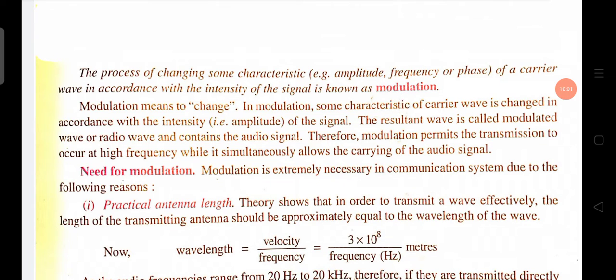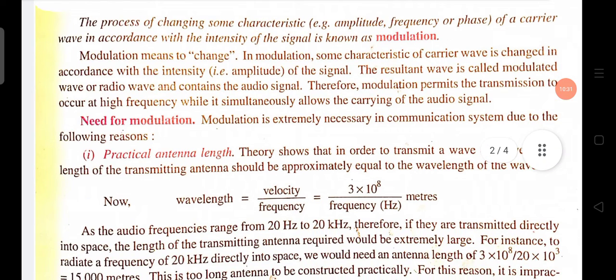Modulation means changing the characteristic of the carrier. There are three characteristics: one is amplitude, one is frequency, and one is phase of a carrier wave in accordance with the intensity of the message signal. This is known as modulation. So why do we need modulation?